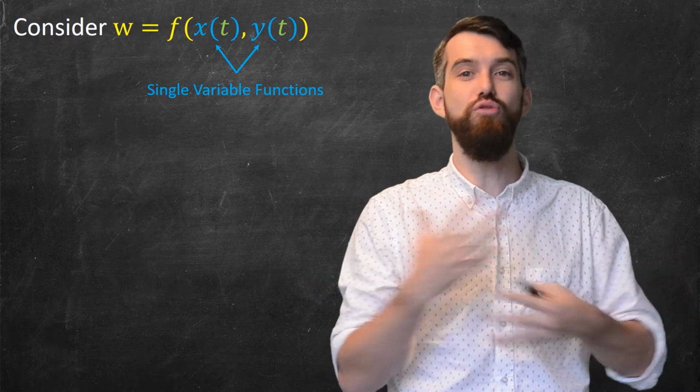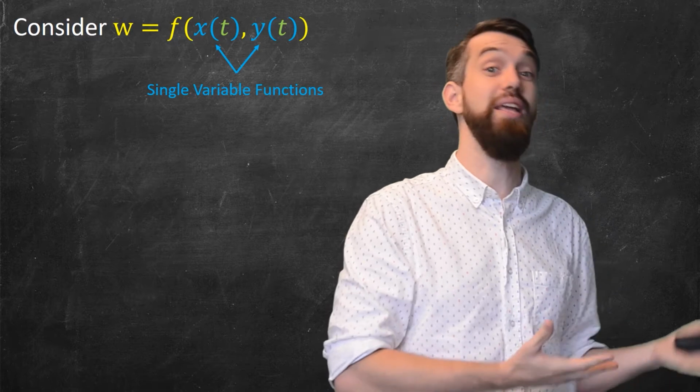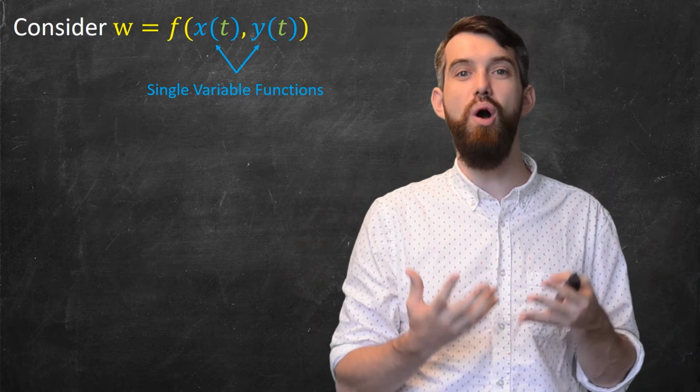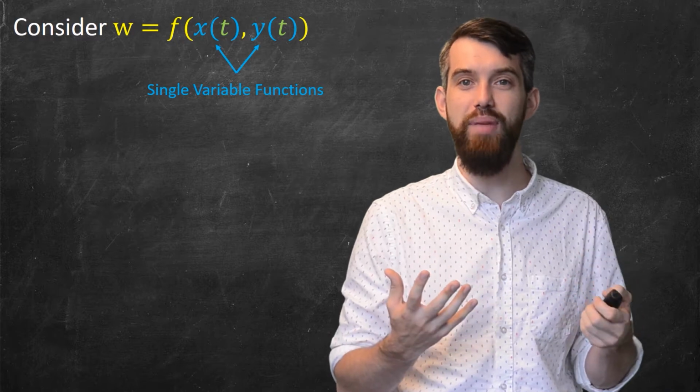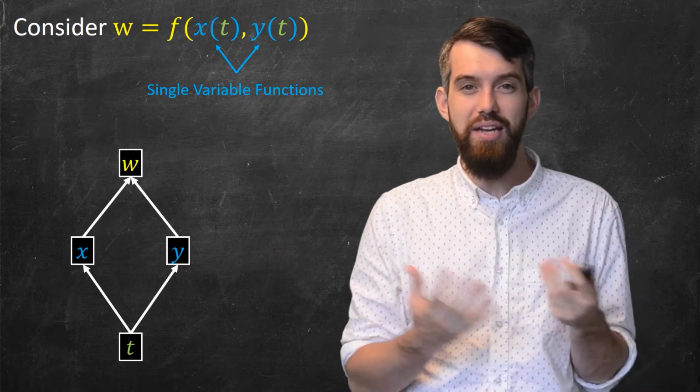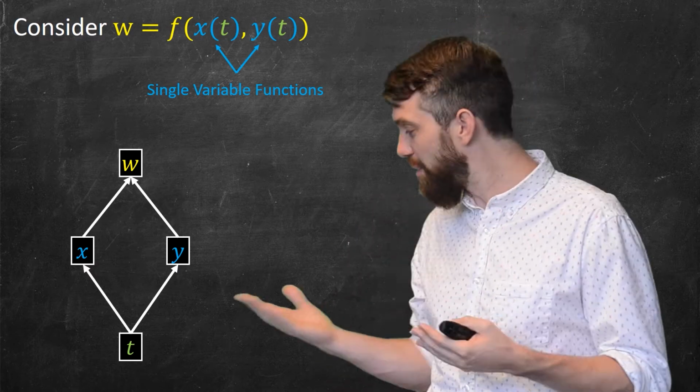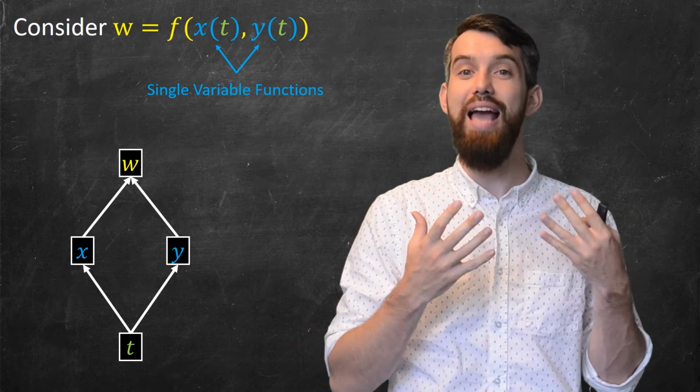Now, to try to keep track of all of this pictorially, as things are going to get more complex as we go into the future, one of the things we can draw is something called a dependency diagram. The idea of a dependency diagram is it tells you how the variables are related. So right down at the bottom, I have the input, the t.